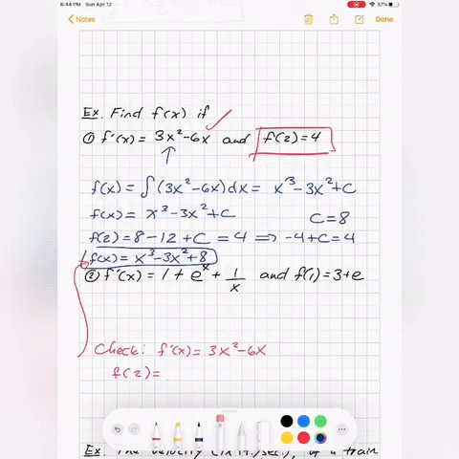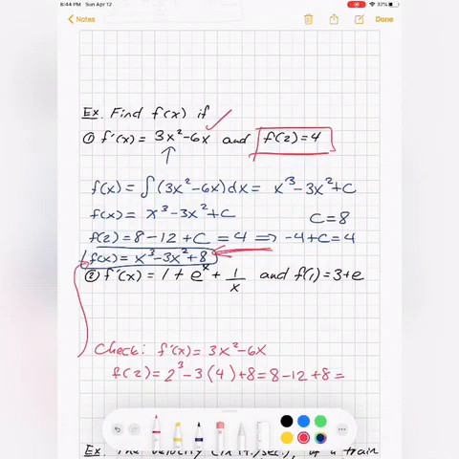Try that part again. I'm plugging 2 into my function, my f of x function. So that should be 2 cubed. And so it looks correct.